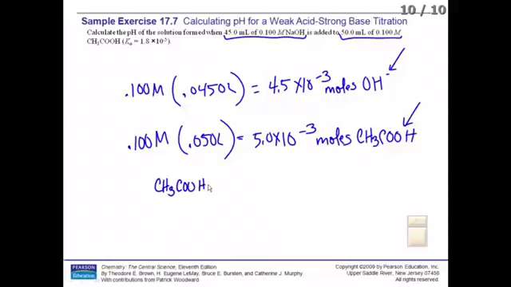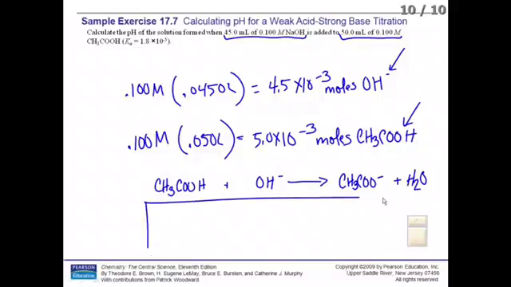CH3COOH, you've got your acid. Your base is totally strong, nothing wrong with that. So check out your products. It'll be the typical products: CH3COO ion, and then of course you've got your water. So we're hoping that that hydrogen pops off of that acetic acid. That's basically what we're trying to make happen here.